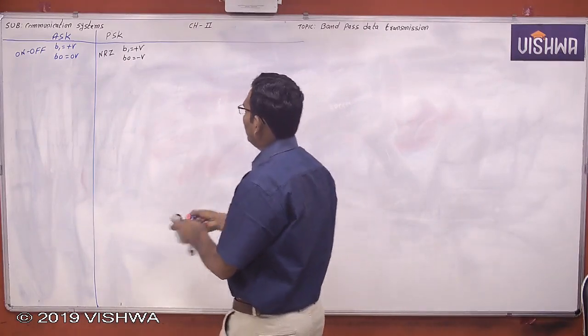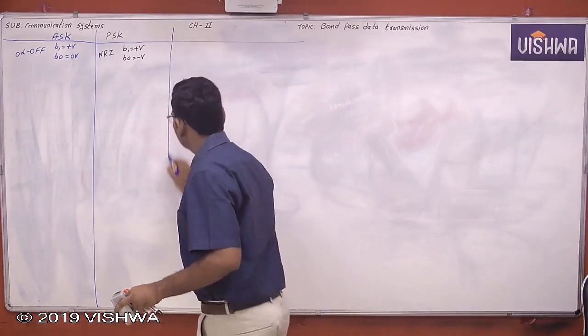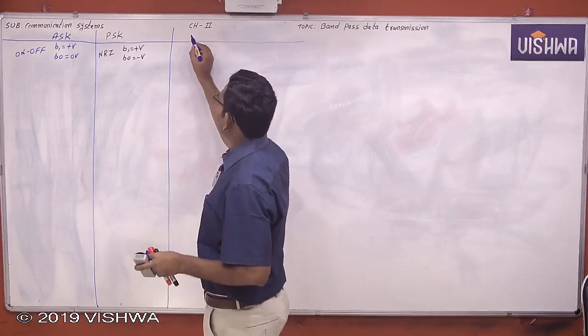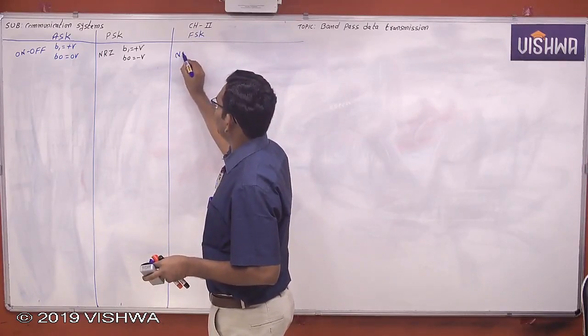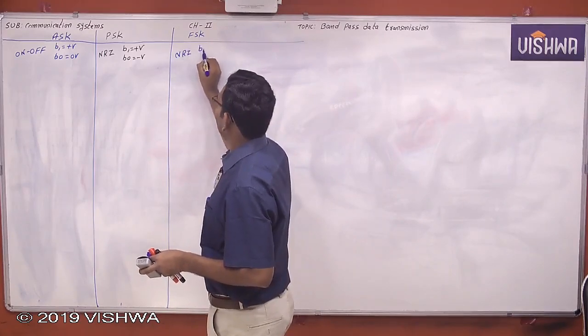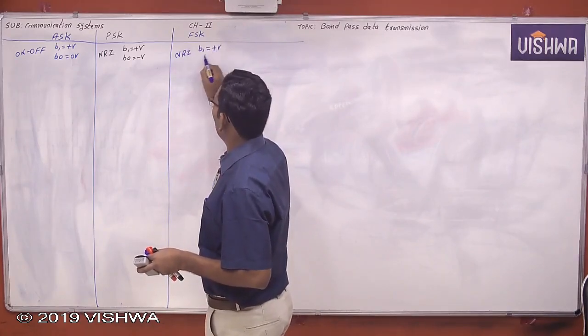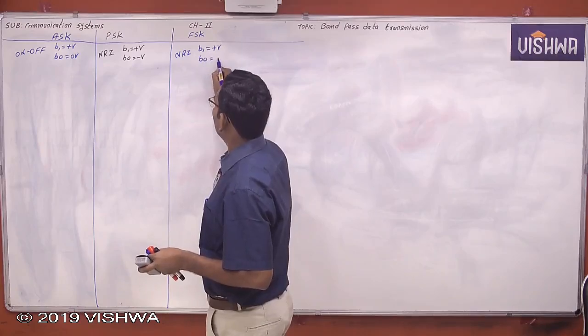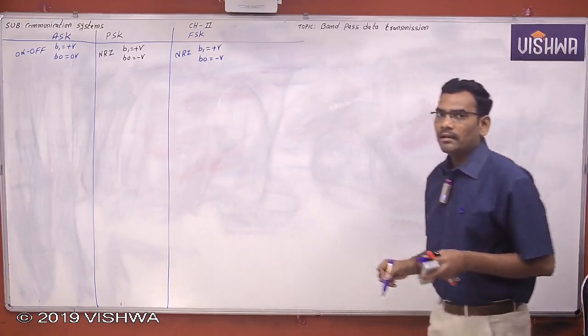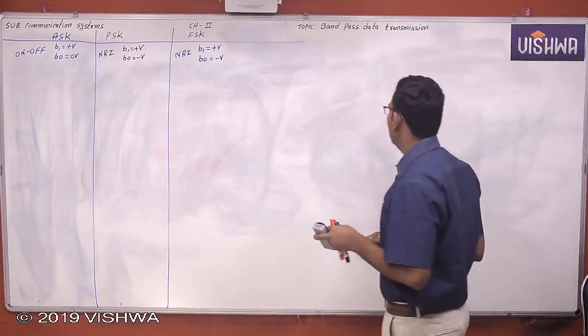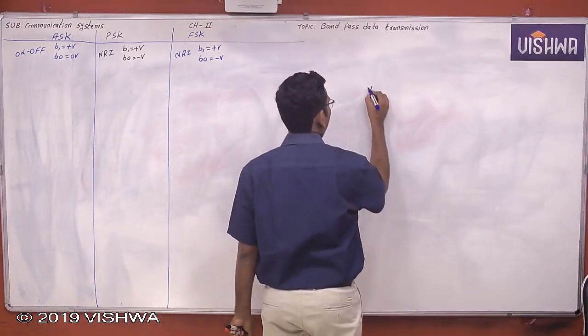Now in FSK, frequency shift keying, binary data is represented in the same non-return to zero signaling. Binary 1 is positive voltage, binary 0 is negative voltage. Okay, so another parameter is called threshold voltage.